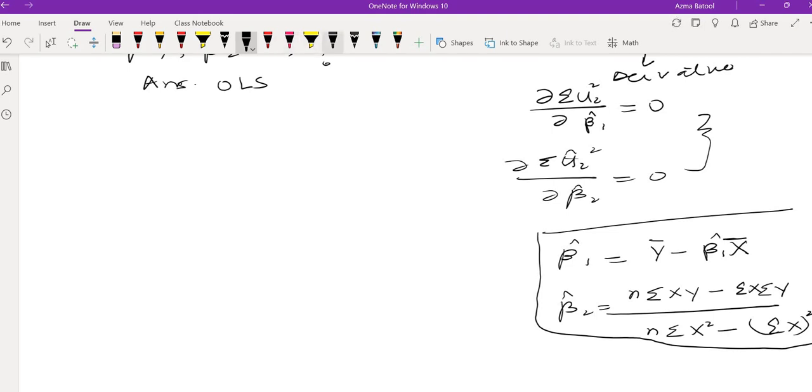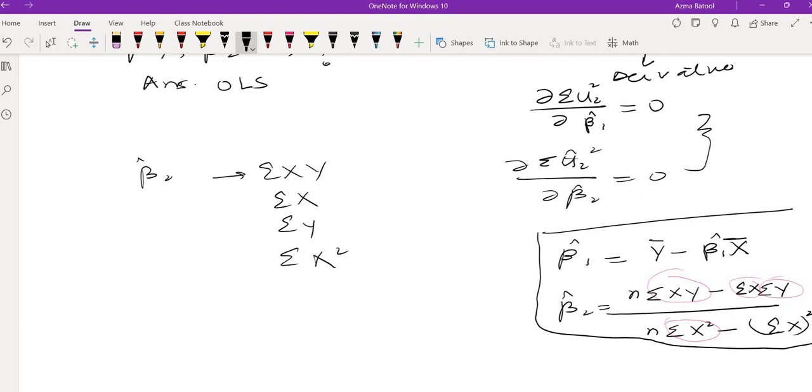Now you can see that this formula requires summation xy, summation x, summation y and summation x square. If you have these, you will be done with the beta 2 hat formula, right? So what we'll do is learn how we can do it in Excel.